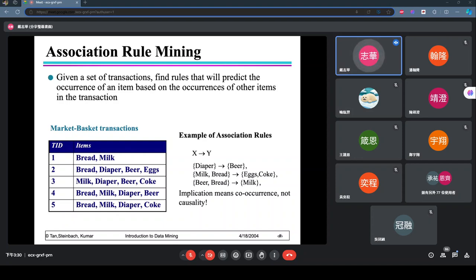And here I want to emphasize that it implicitly means co-occurrence, but not causality.